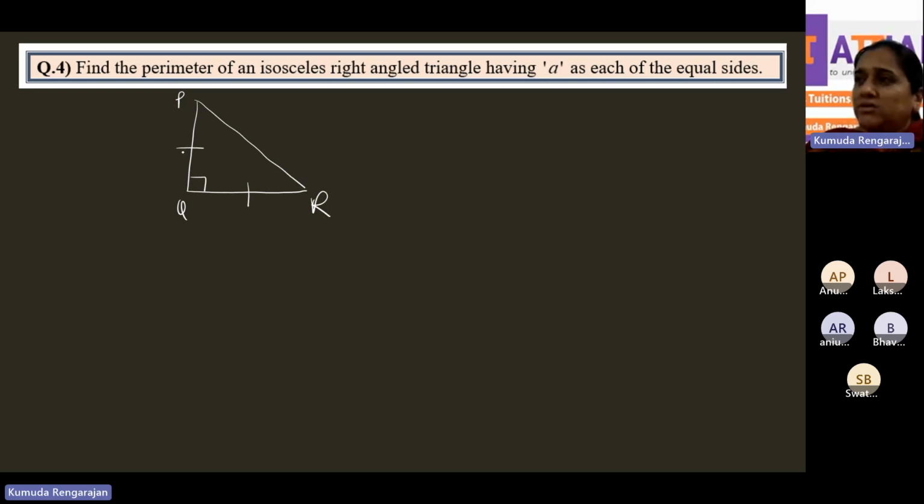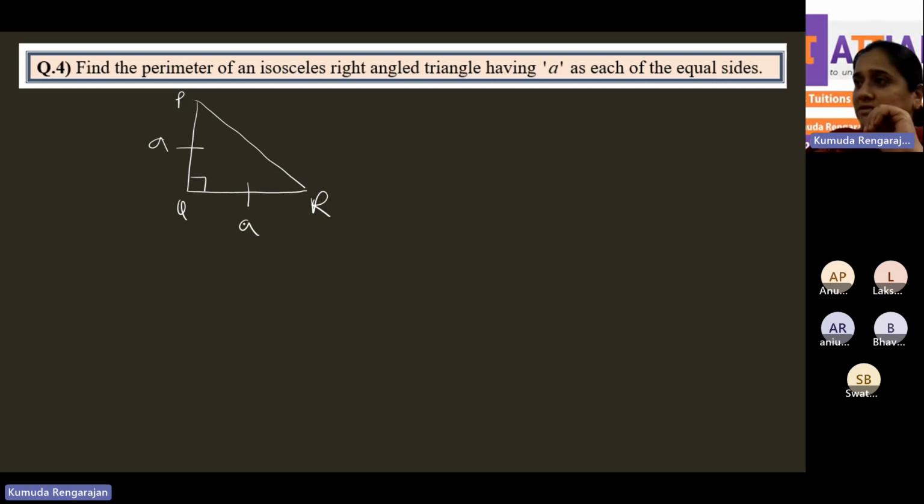PQ, QR is equal to A. Now the question is to find the perimeter. How do you find the perimeter? Add all the three sides. Can you get a numerical answer? Do you see any number in the question? There is no number at all. Then how can you get an answer like 5, 10, 15, 20? You cannot. The perimeter will be in A itself.